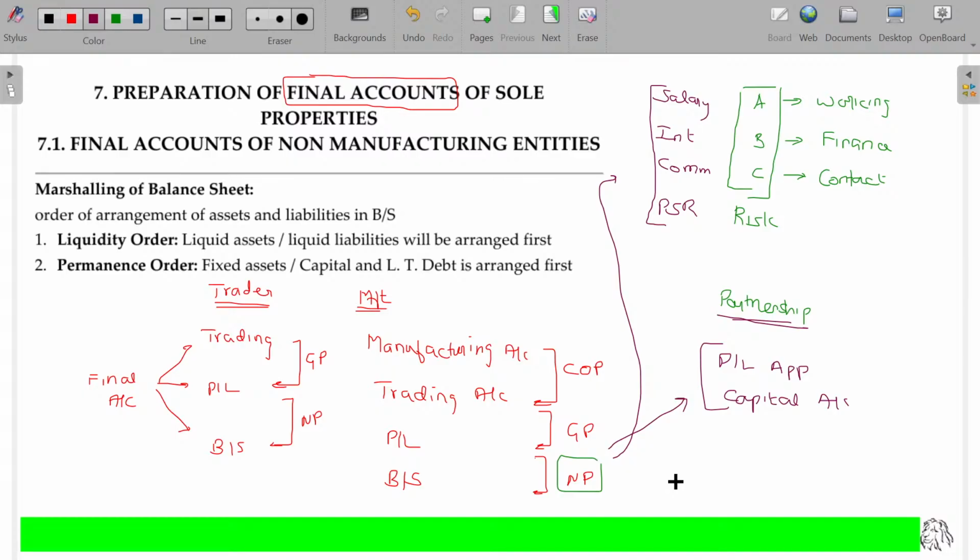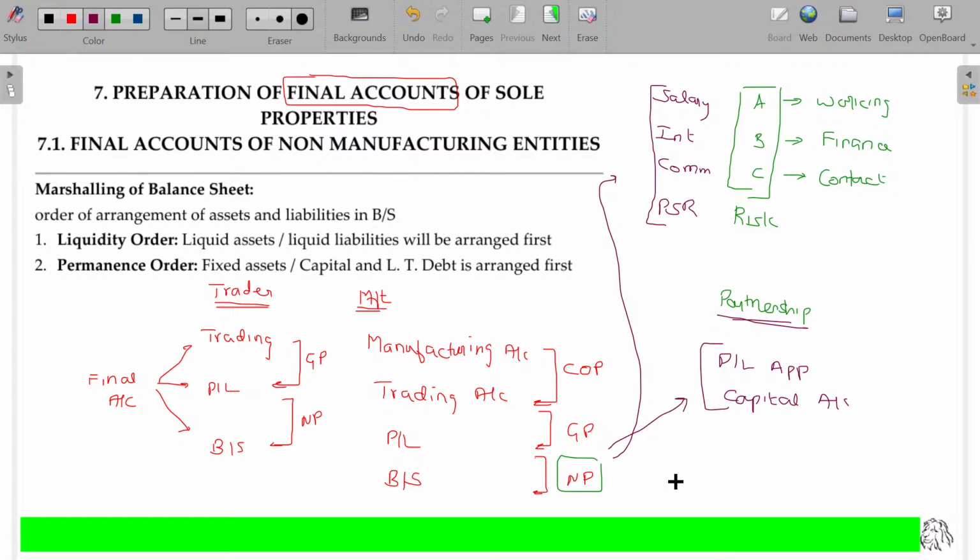In case of a company also, the profit is going to be shared with various contributors, like preference shareholders will demand some dividend, equity shareholders will demand some dividend, and government expects some share in taxation, and some money may be kept aside for future requirement, reserve, and the leftover can be carried over for next year's usage. So all these things are identified or prepared in a new account called P&L appropriation.